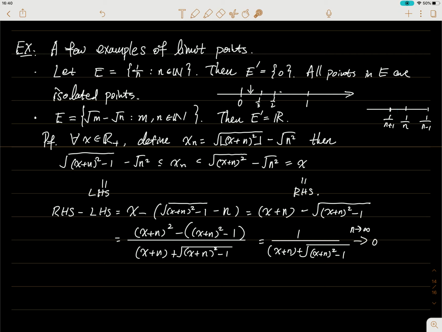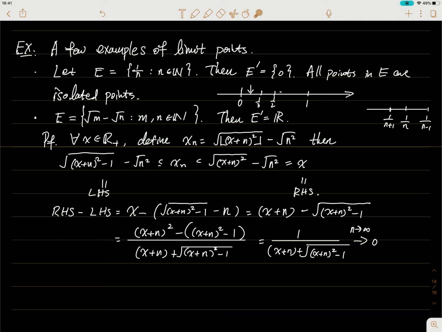There is a neighborhood of this point that only contains 1 over n, but not any other points from E. When n gets larger and larger, you just need to make sure this interval is getting smaller and smaller, so that it doesn't contain the two neighbor points. No matter how large n is, you can always draw a neighborhood like this. That's why all the points are isolated points. So that's the first example.